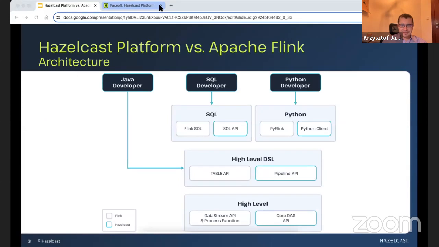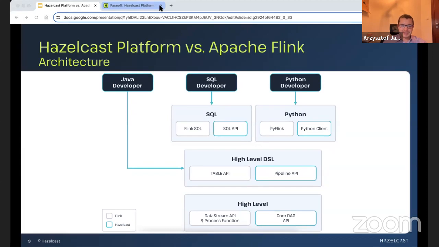Okay, so let's start with a bird's eye view on the architecture of stream processing in general. This diagram shows the similarity between Hazelcast and Flink. On the lowest level, stream processing in Hazelcast and in Flink is implemented as a directed acyclic graph. That's the representation that underpins all other APIs and abstractions.